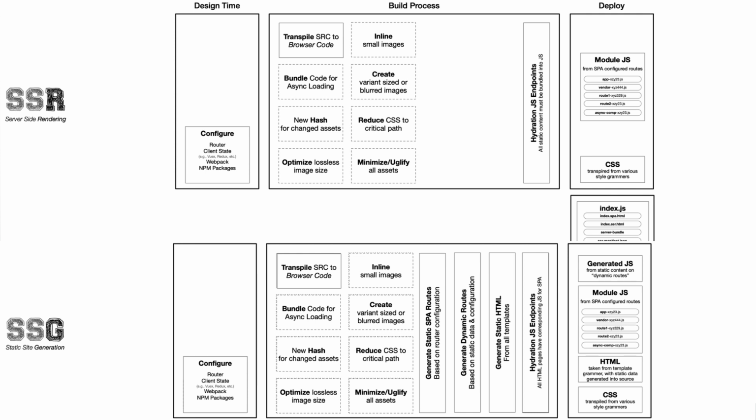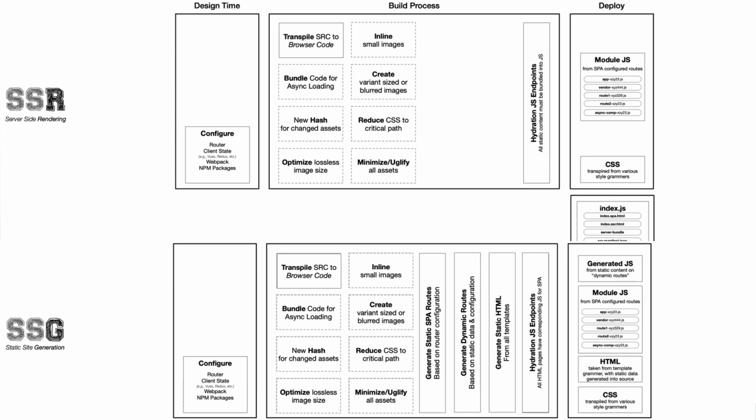Now you'll notice that actually the text is exactly the same, but there is a tiny little thing that is at least recommended in the static site generation: because you have to generate dynamic routes, you then need to tell the build system what dynamic routes will be generated.